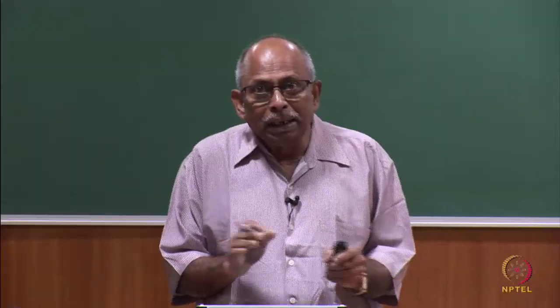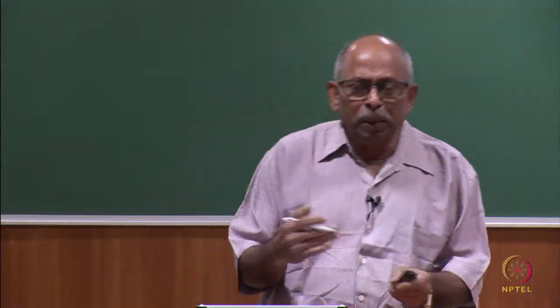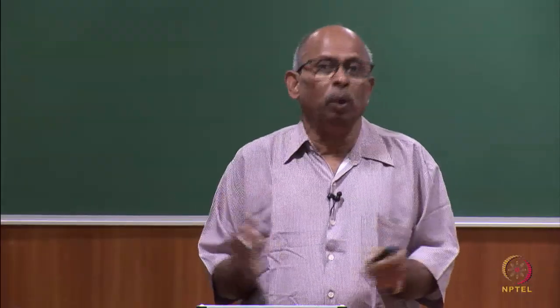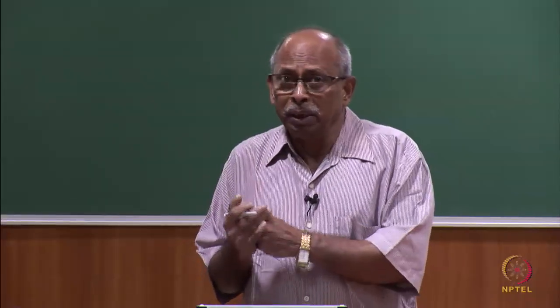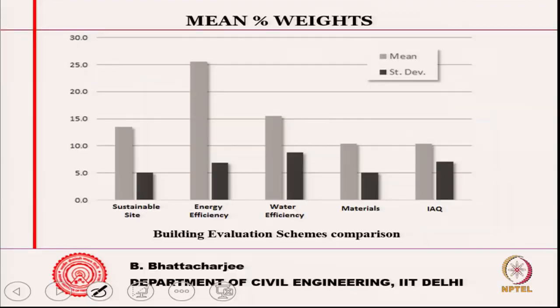So if I compare about 6-7 of them which are used worldwide, as we shall mention in some other lecture, the mean percentage for energy efficiency is around 25, and the standard deviation is around 5%.